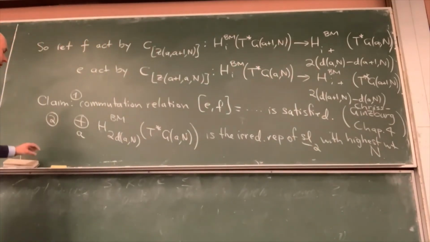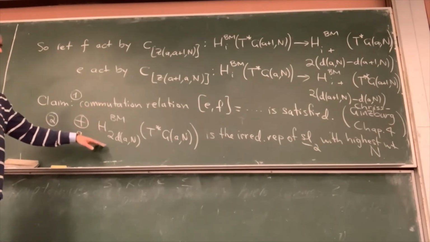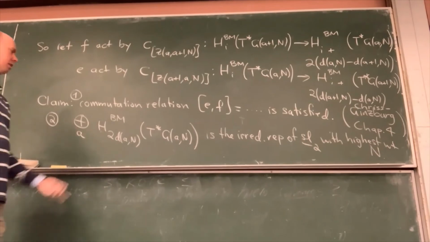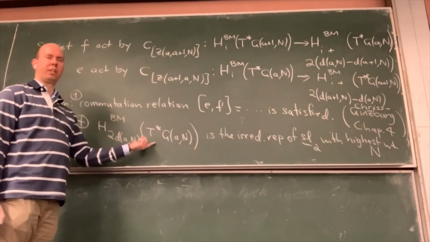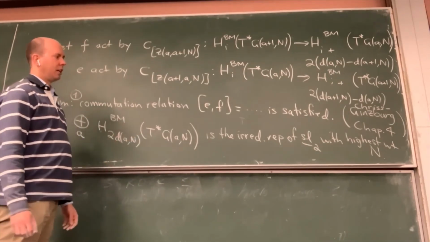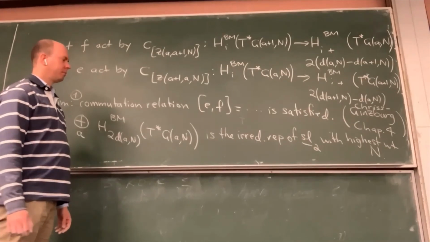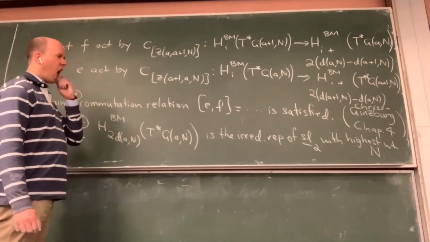Now, if you believe the first claim, this is in fact almost obvious because all you need to check is that each weight space is one-dimensional, and then there's only one SL2 representation with one-dimensional weight spaces in the right degrees.